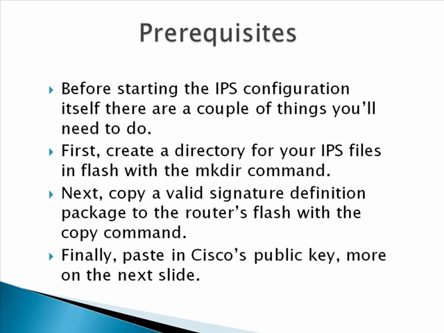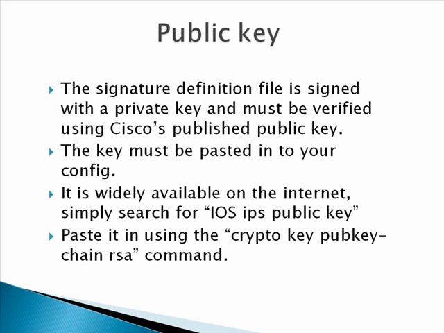The IPS usually ships with a default signature definition file, and it's usually really small, does not include very much at all. So you're going to want the most current signature definition file you can find, and get it on Flash. Finally, you need Cisco's public key, and we're going to talk more about that right now.